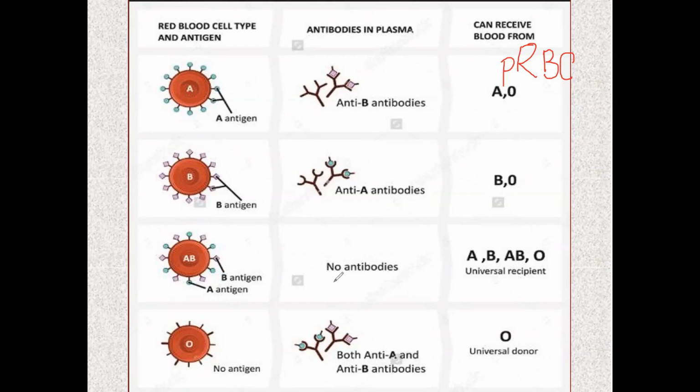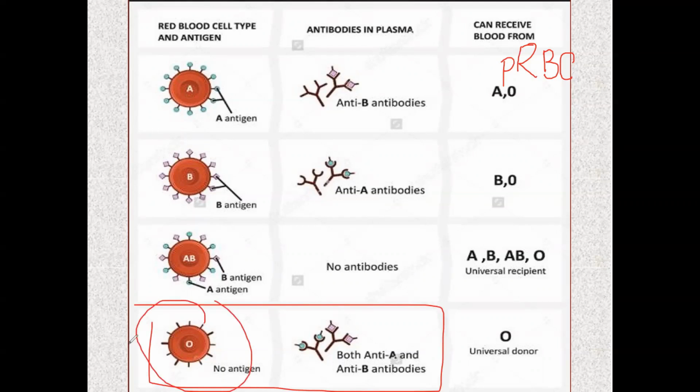Okay? So, ngayon, punta tayo kay O. Ngayon, si blood type O, si RBC-O, okay, pwede mo siyang i-transfuse kay A for the reason na yung antibodies ng isang pasyente na A ang kanyang blood type, wala naman siyang antibody against the O antigen.